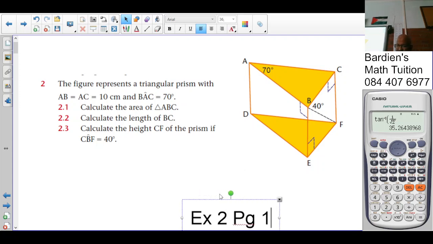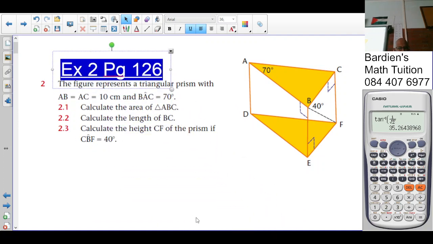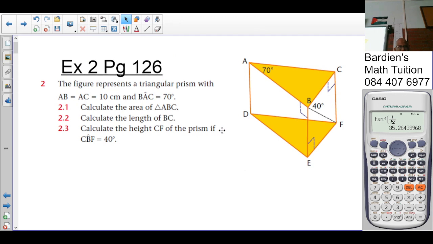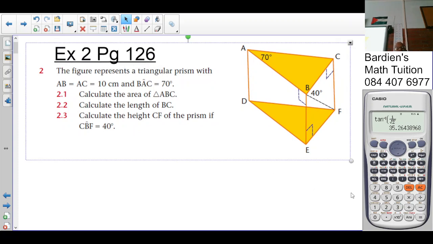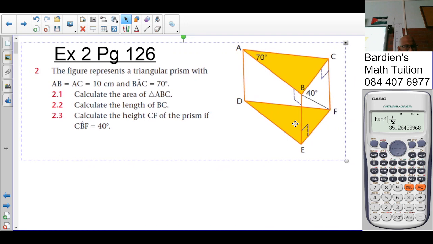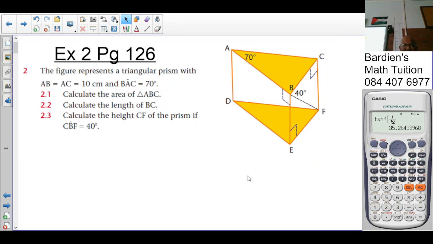Exercise 3 on page 136. So here we are told that the figure represents a triangular prism, with AB equals AC, which is equal to 10.